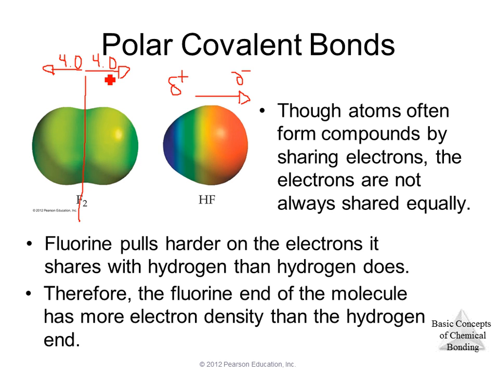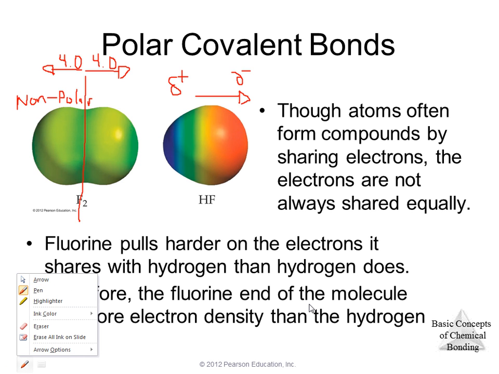Notice you're not getting a partial positive or a partial negative. We would call this molecule nonpolar. Nonpolar meaning the electrons are not spending their time pulled to one side of the molecule over the other. Whereas in the other case, electrons are going to be more likely found by fluorine based on the pull and the electronegativity that we see.